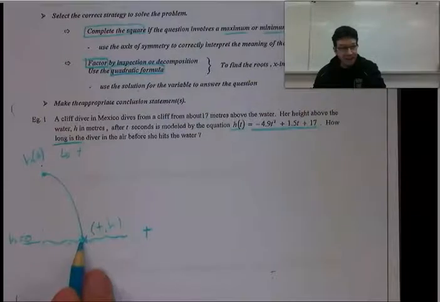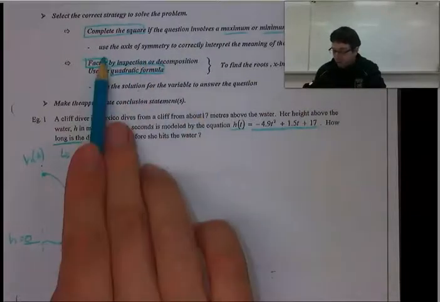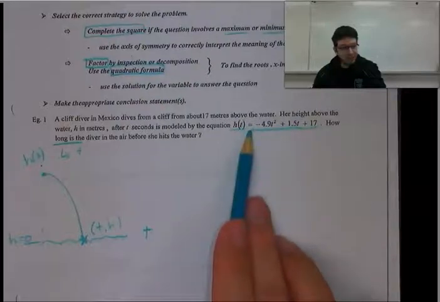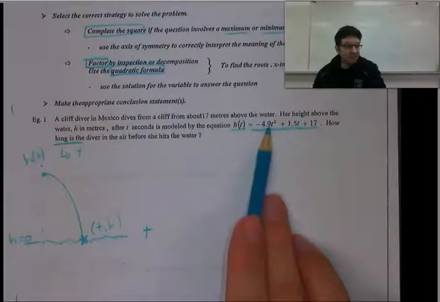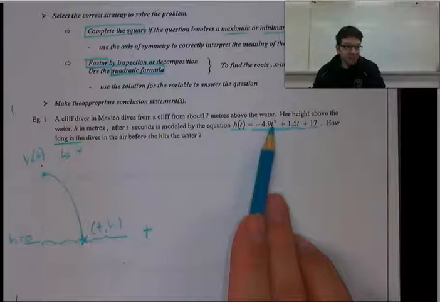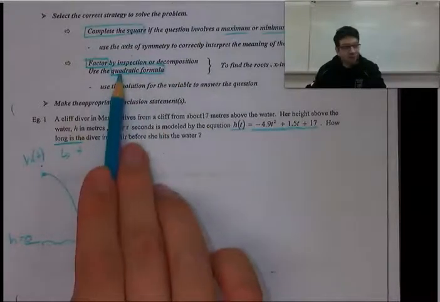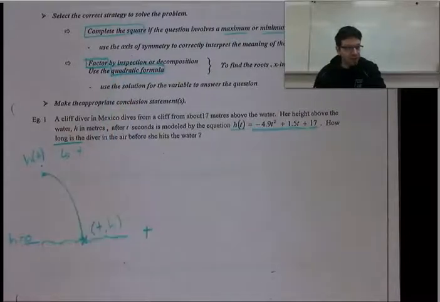So to do that, we could try factoring. I can immediately see this is going to be difficult, right? Because we have numbers that have decimal places in it. So it's going to be very challenging to factor. So the other option is to use the quadratic formula.